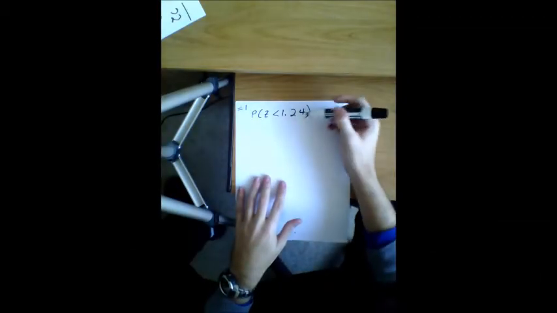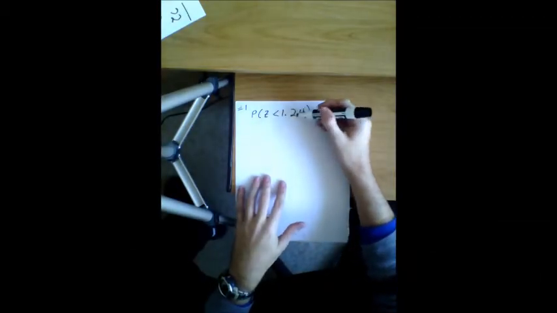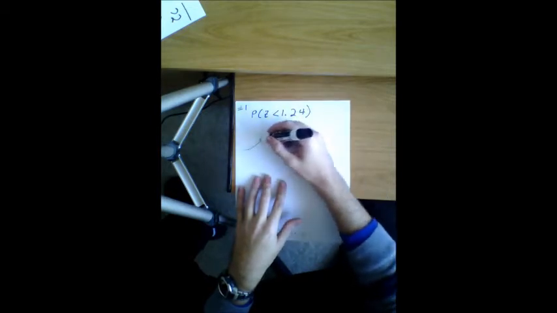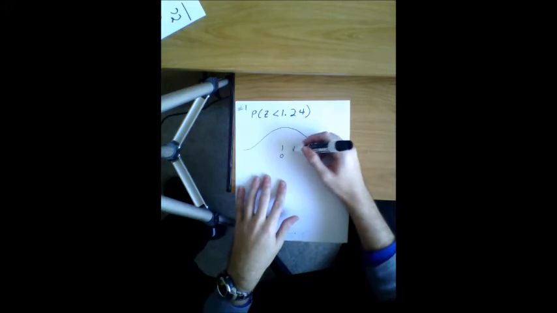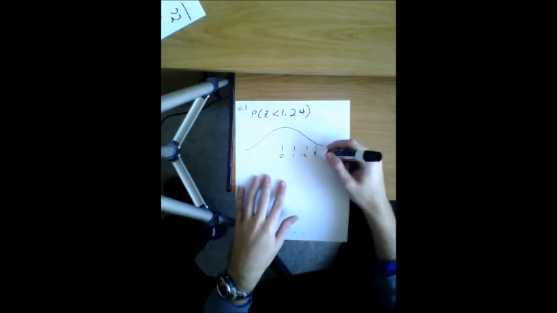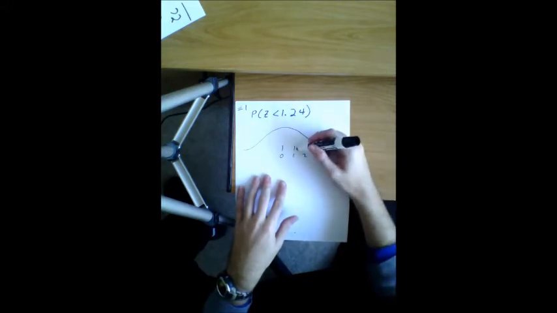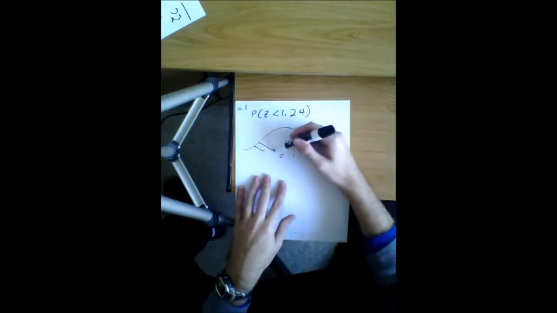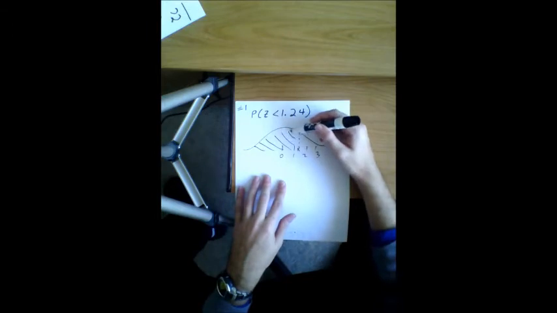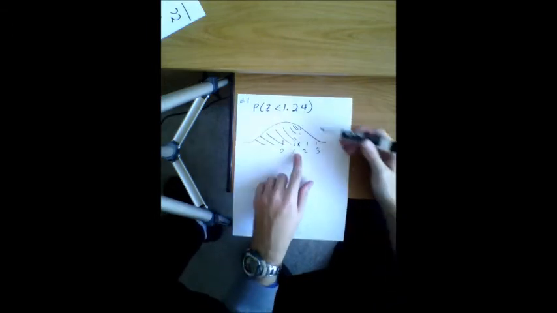We want the probability of the standard normal less than 1.24. If you think about drawing this out, this is our standard normal curve. We've got something right here. We want the probability that it's less than this, so we're talking about this area. So it's fine just to go ahead and find 1.24 in the back of your book under standard normal curves.